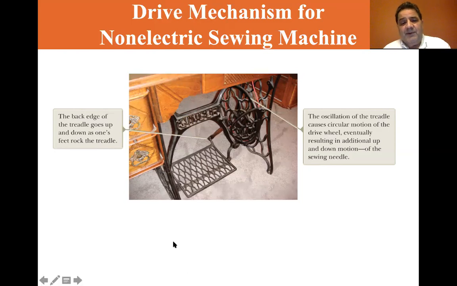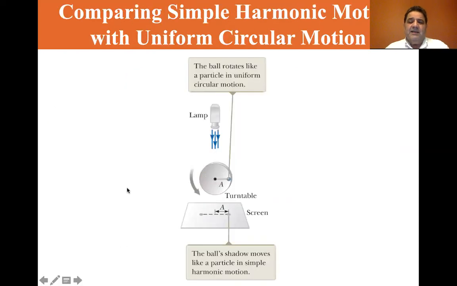And so the example they use is, if you can imagine, a little ball on a turntable, and they're casting a shadow from a lamp onto a screen. As the ball rotates like a particle in uniform circular motion, the ball's shadow moves like a particle in simple harmonic motion.